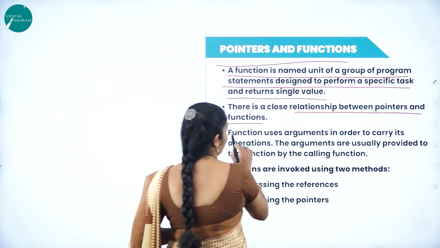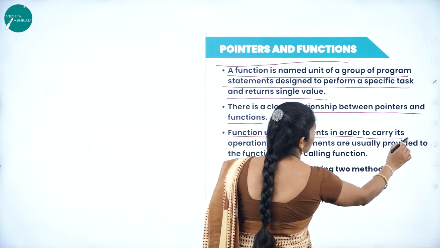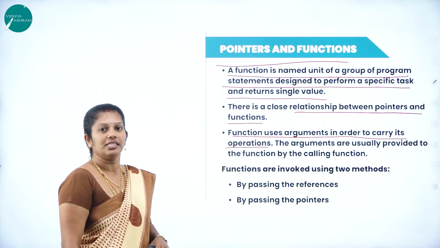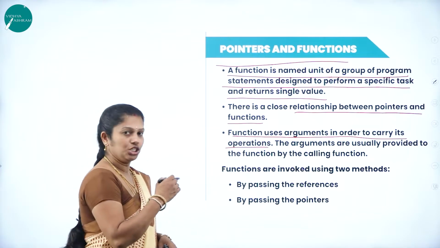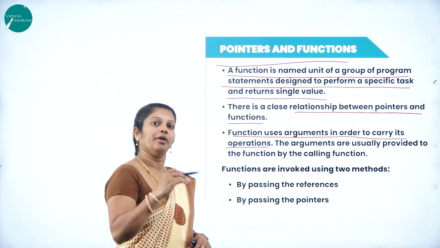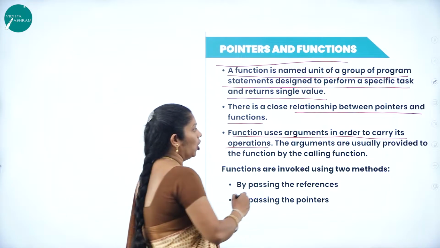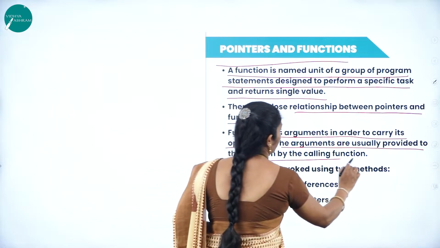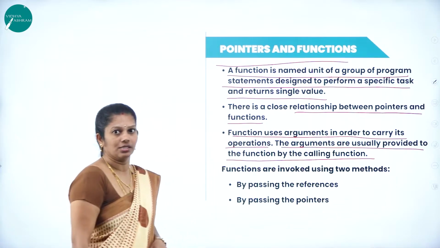But a function uses arguments in order to carry out its operations. Argument is nothing but values. Functions may contain arguments, or sometimes they may not contain arguments. The arguments are usually provided to the function by the calling functions.